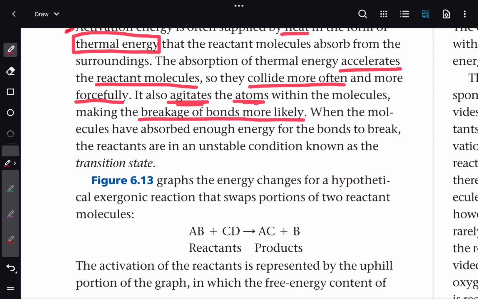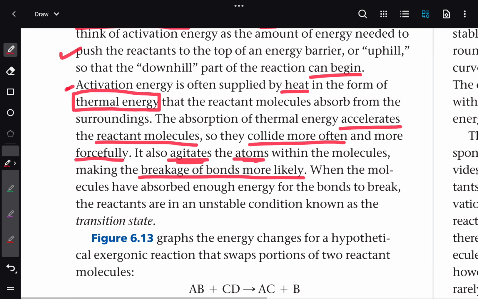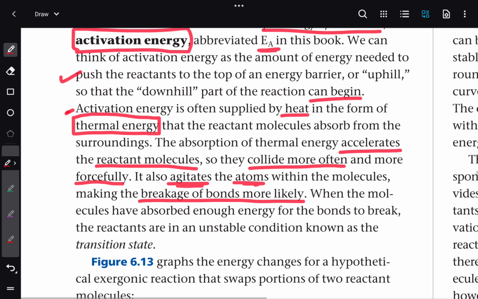You can notice how they're introducing ideas like more likely, colliding more often and more forcefully, which increases the possibility that the reaction will happen.